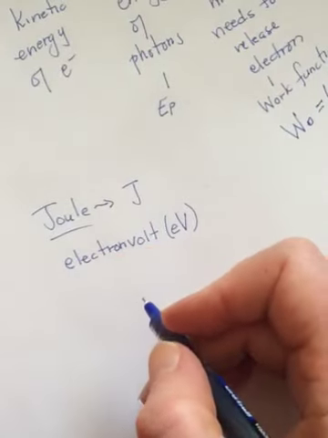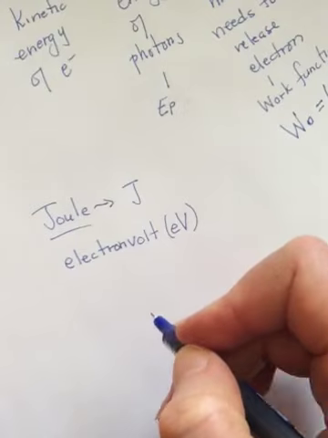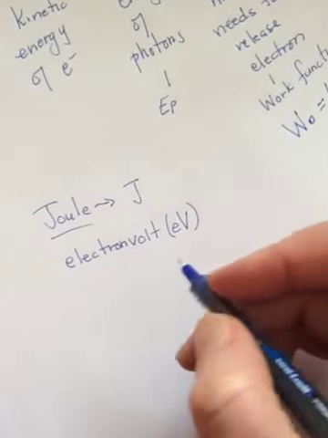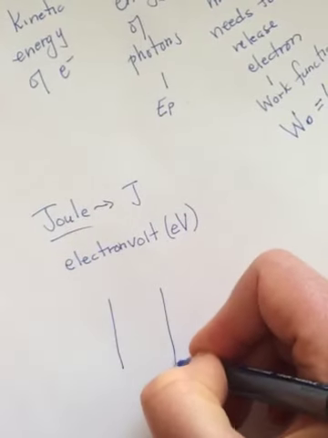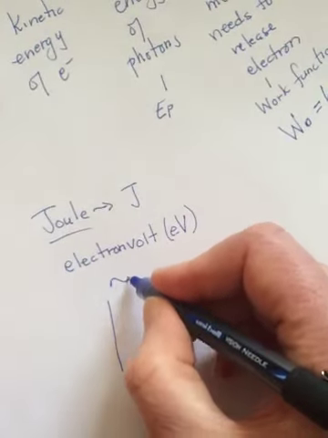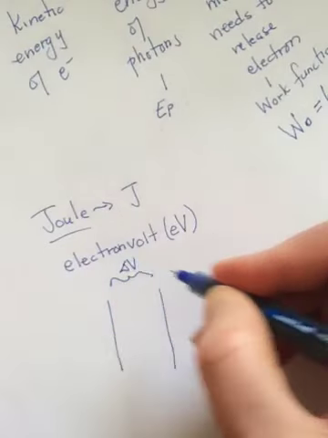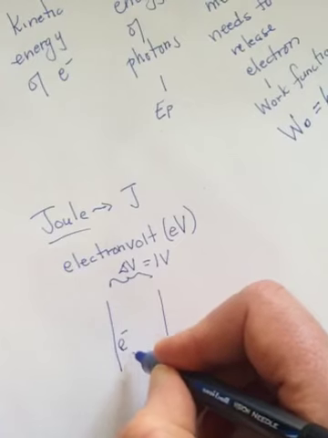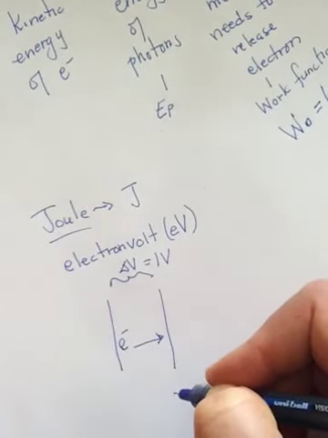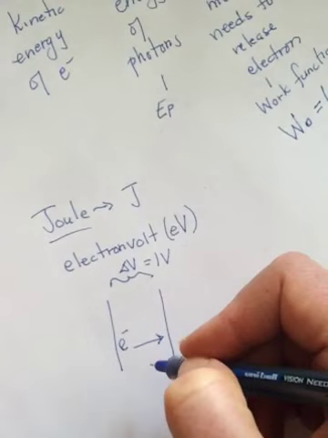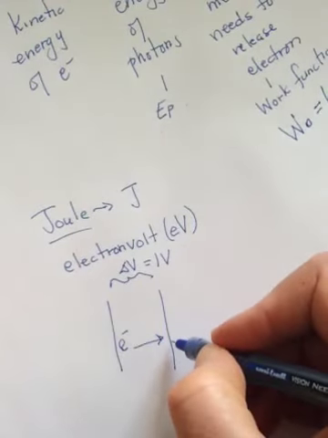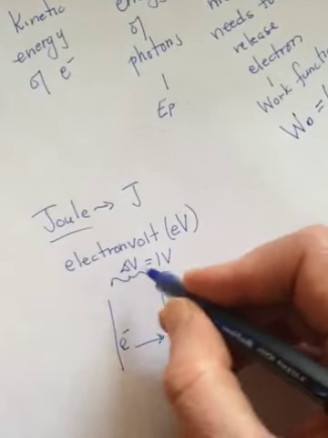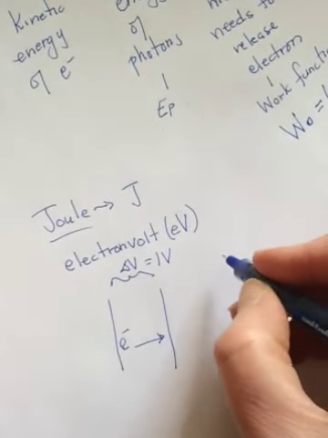And 1 electron volt is the energy of 1 electron when it's accelerated across a potential difference of 1 volt. So imagine we have 2 plates and the potential difference, the delta V, is 1 volt. And we're going to move 1 electron across it. Okay? So the 1 electron volt is the energy that this 1 electron picks up as a result of the work we've done in moving it across a potential difference of 1 volt.